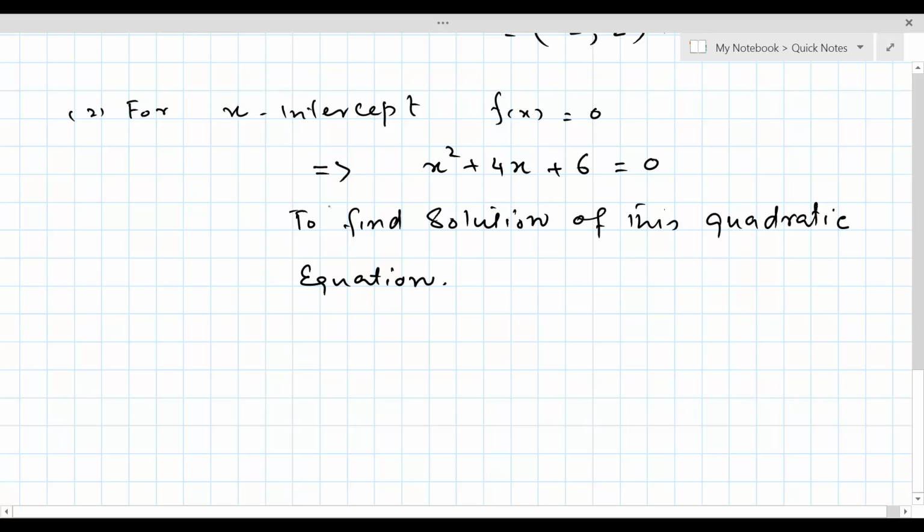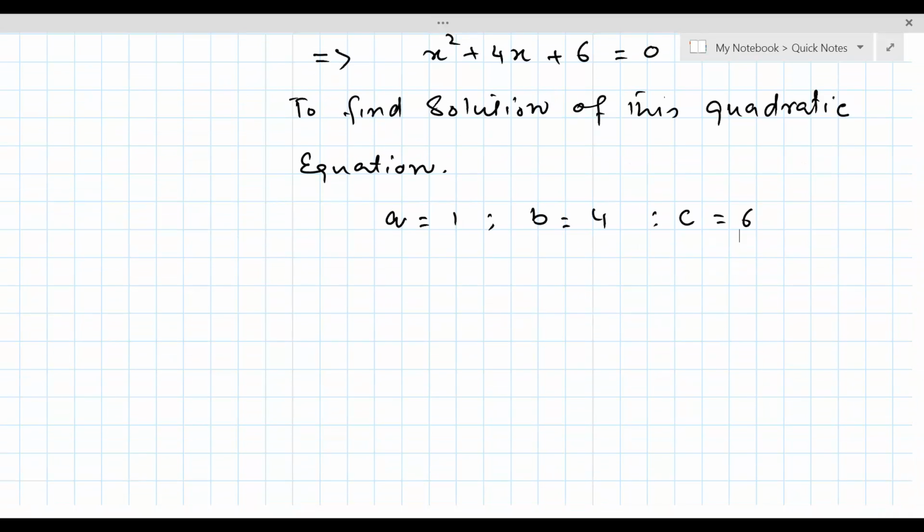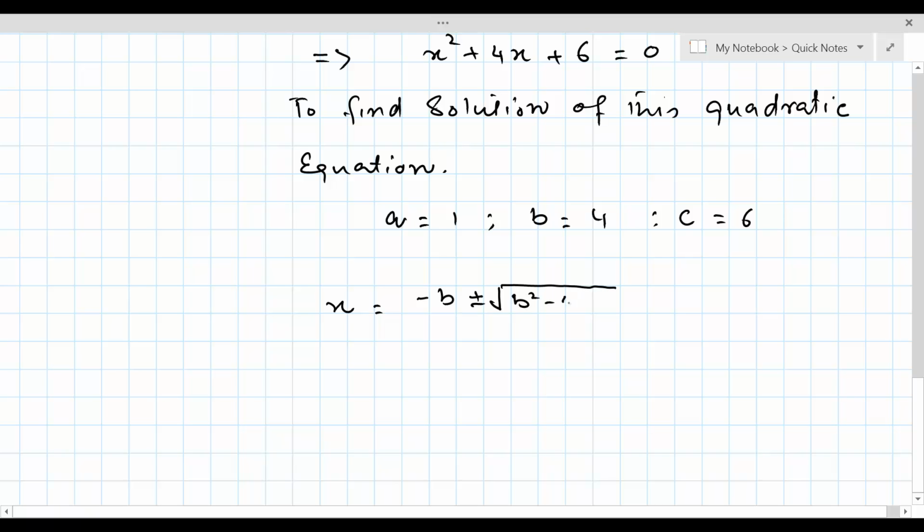To find the solution of this quadratic equation, we have a is equal to 1, b is equal to 4 like before, and c is equal to 6, and we use the quadratic formula x equal to minus b plus minus square root of b squared minus 4ac divided by 2a.